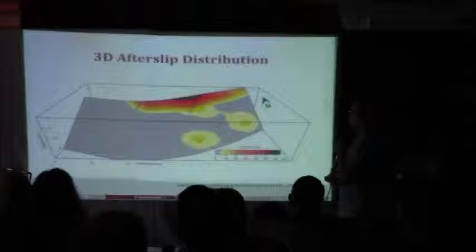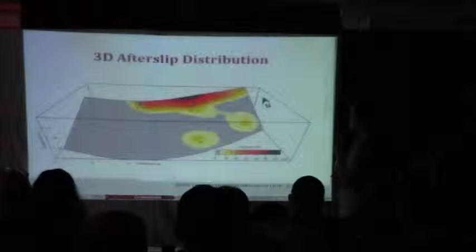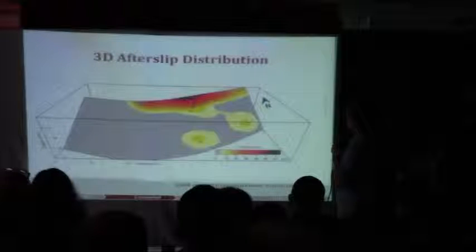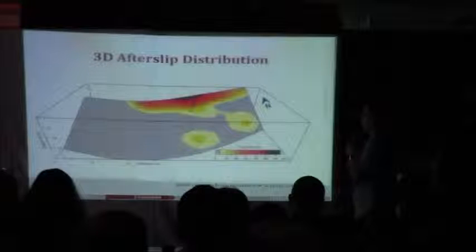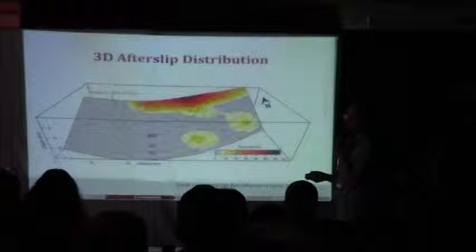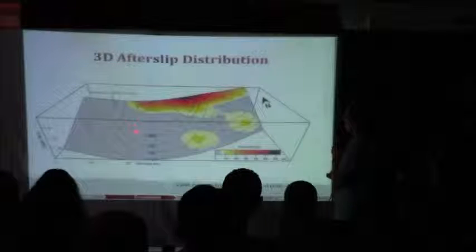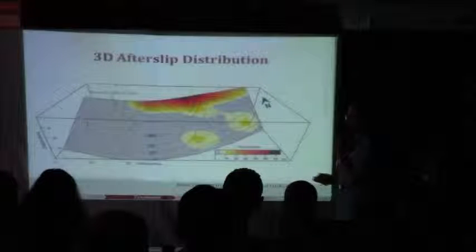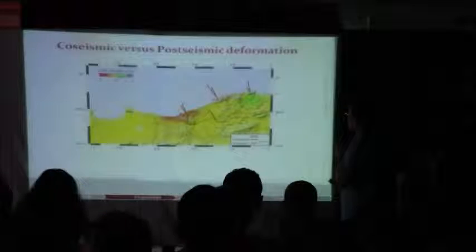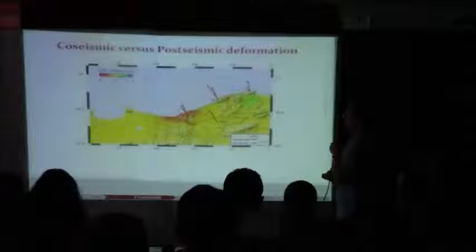We performed inversion modeling to obtain the slip distribution of the post-seismic deformation, and we obtained a shallow afterslip with a maximum of 65 centimeters of vertical motion. If we plot the coseismic and post-seismic slip distributions, we see our afterslip is complementing the coseismic slip distribution, which is a common behavior of afterslip. And here you see the surface displacement map obtained from the inversion.